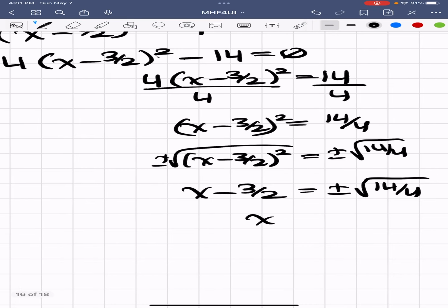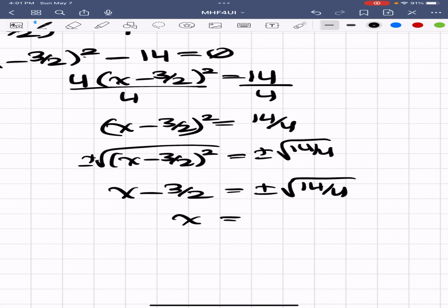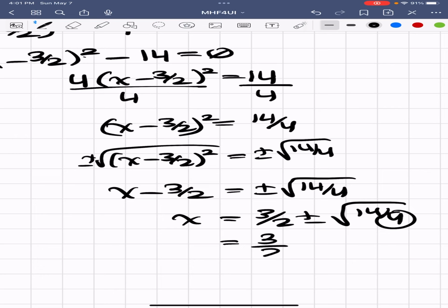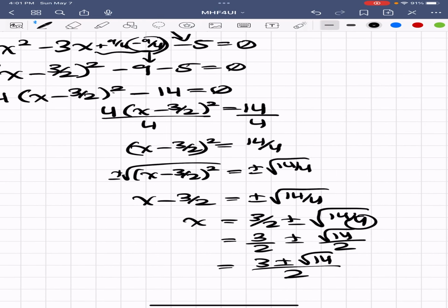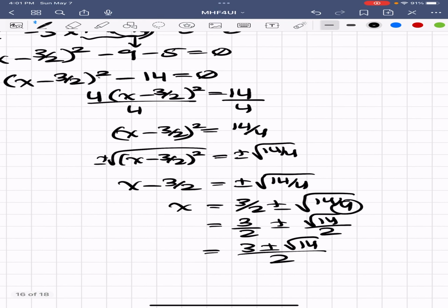So it's x equals 3 over 2 plus or minus the square root of 14 over 4. And the square root of 4 is 2. So that's our final answer.